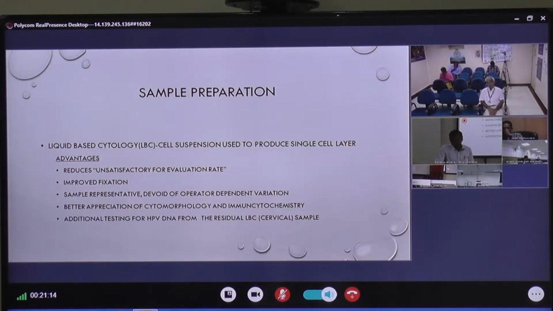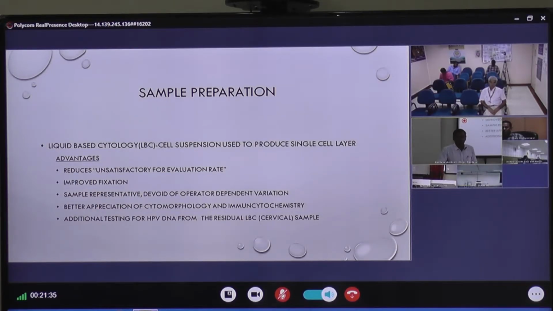There is better appreciation of cytomorphology, immunochemistry, and additional testing for HPV can be done, which is nowadays very important. As we know, as per the latest Bethesda guideline, HPV testing is an essential part of cervical smear examination.